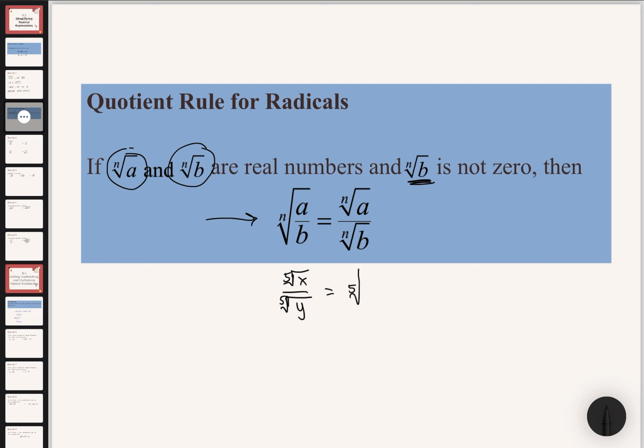I could combine that to be the 5th root of x over y, or you can use the rule in this way. Maybe you have a fraction underneath your radical sign. You can separate those out. Again, we've been kind of doing this already. We've been secretly doing this, thinking this through, but this is your official quotient rule for radicals. You are allowed to, as long as they have the same root value, as long as they have the same index, we call n the index, then you are allowed to separate into 2 separate roots.